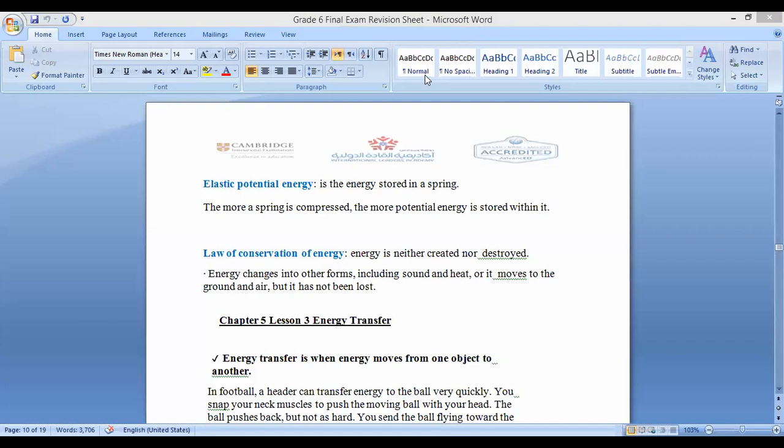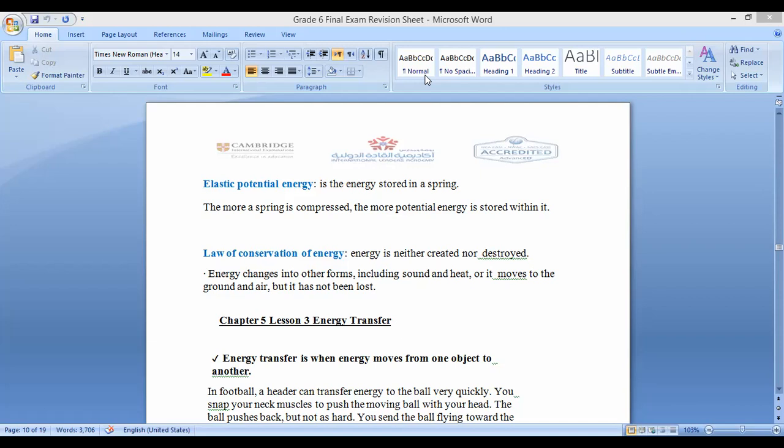If a player hits the football, it will touch the goal, and the ball will transfer energy to the net. Right, bravo.